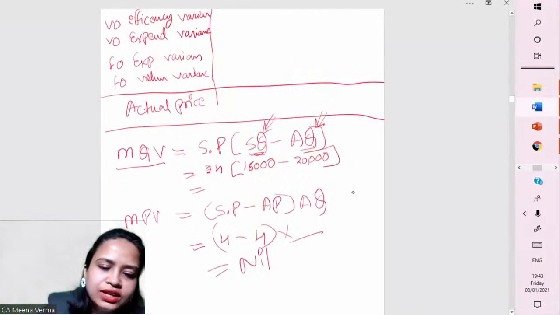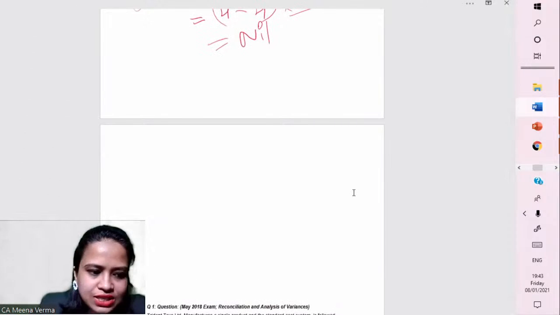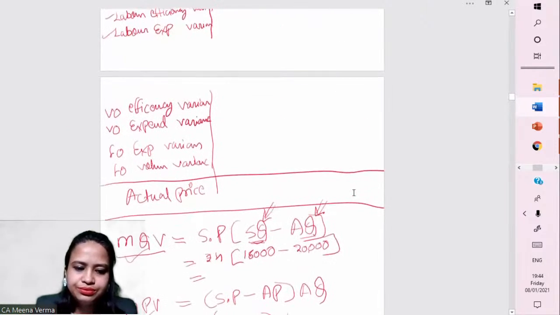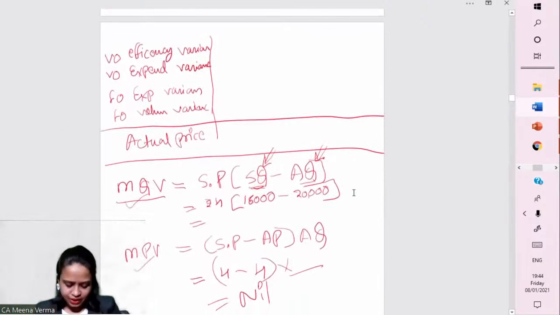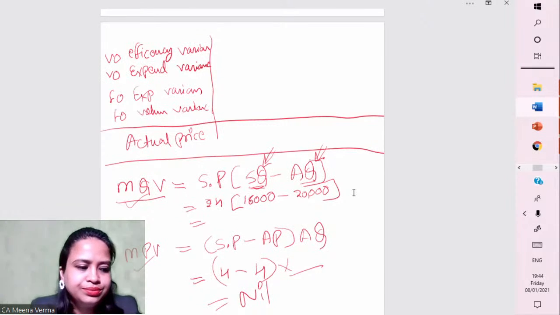The way we have calculated the material quantity variance and material price variance, find the labor efficiency variance and labor expenditure variance. Find it. I'm waiting.